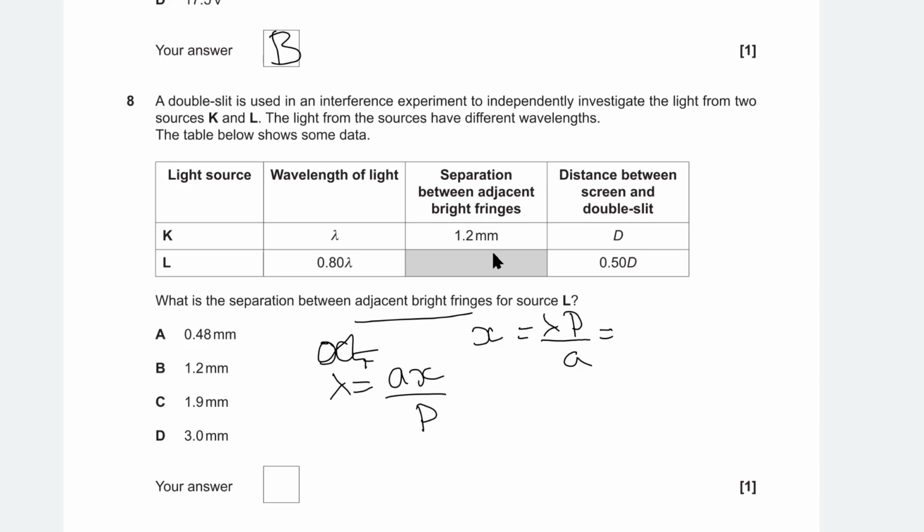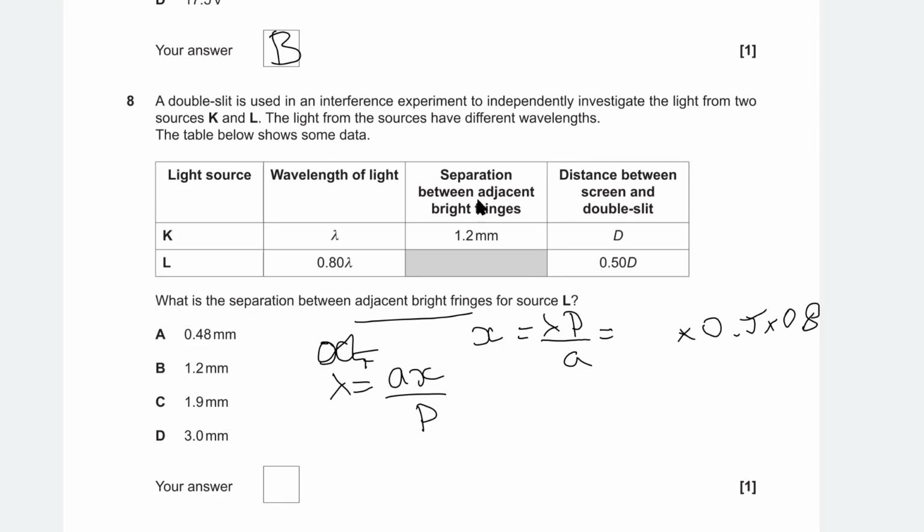So the wavelength is 0.8 and the distance has been halved. So basically the distance gives us a factor of 0.5 and the wavelength gives me a factor of 0.8. So is a kept the same? Okay, it appears so.